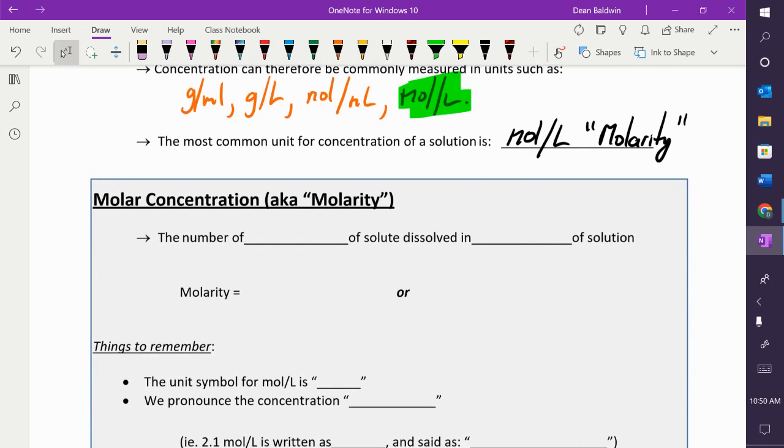All right. So what does this mean? Molarity or molar, they call it molar too. It's the number of moles of the solute dissolved in 1 liter of solution.